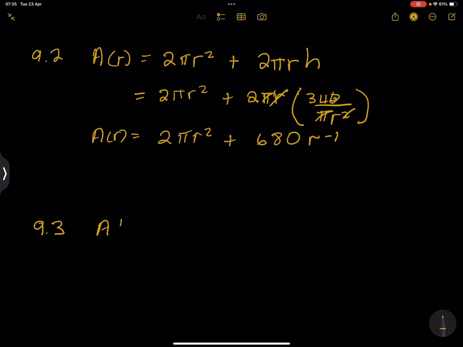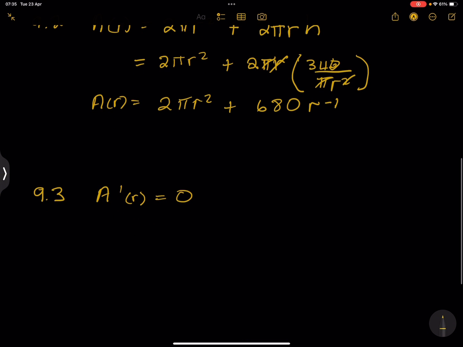So A dash of r must be equal to 0. We are deriving with respect to r, so what's on r jumps down. This is 2 times 2, which will give us 4 pi. Now remember minus 1 of the 2 there.